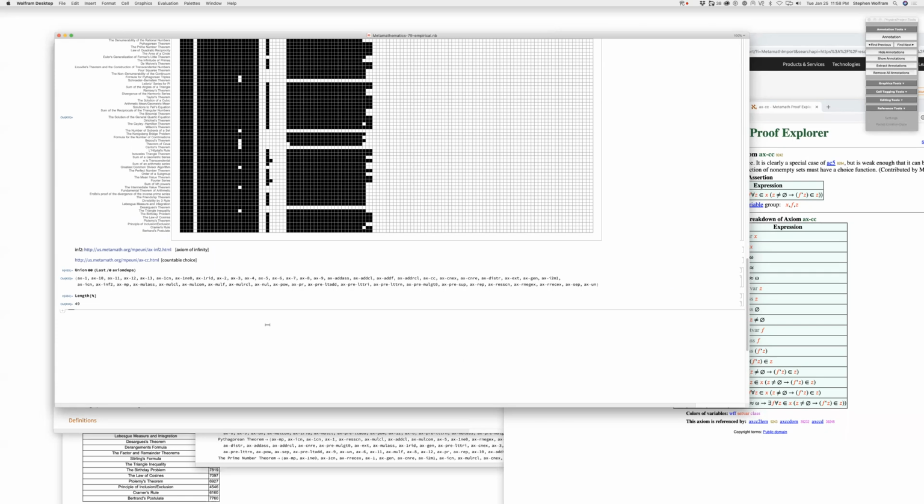So we just want to say, if member Q, keys of axiom assoc hash, otherwise nothing, and then we want to map that over keys of axiom assoc.